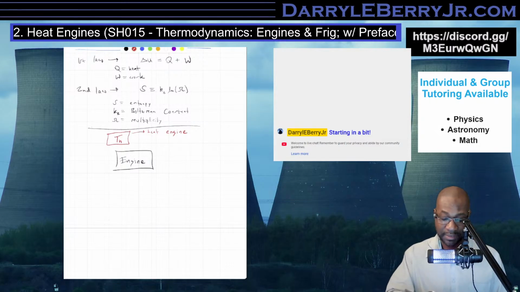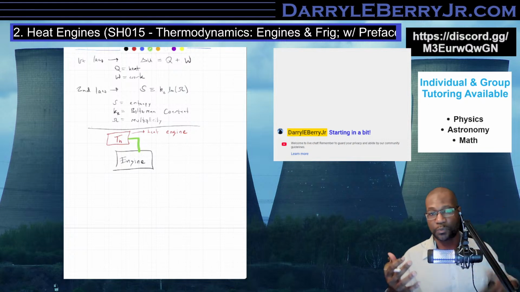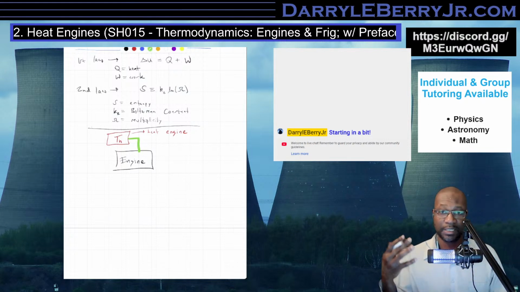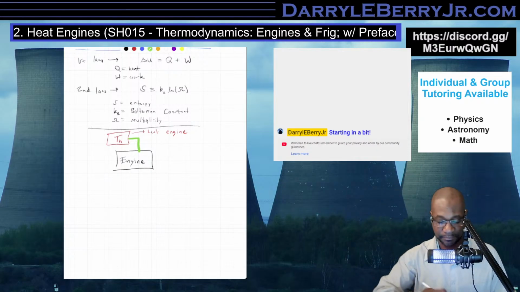And the engine takes heat from this heat reservoir, and it wants to convert this heat into work. So, for instance, if we're talking about a power plant with these large turbines, let's say a nuclear power plant, it's using the nuclear fuel to heat up the steam, and the steam is carrying the heat into the turbines, into the engine.